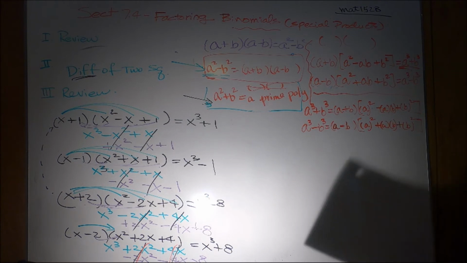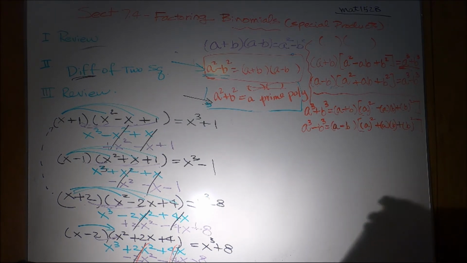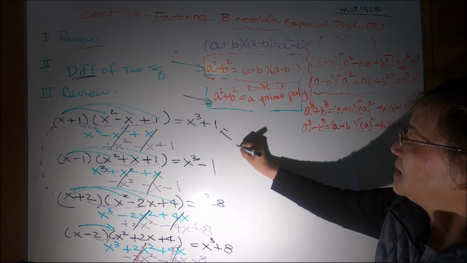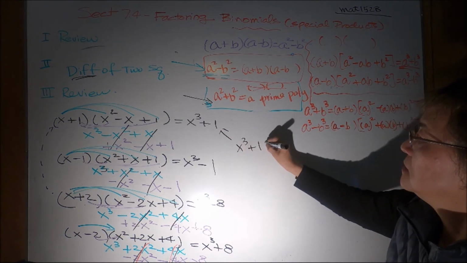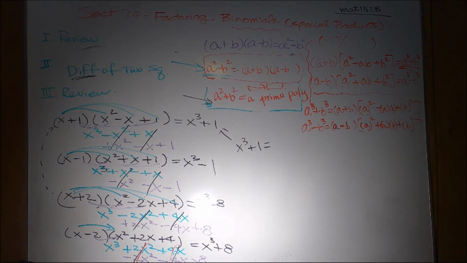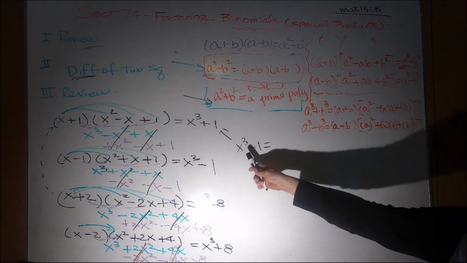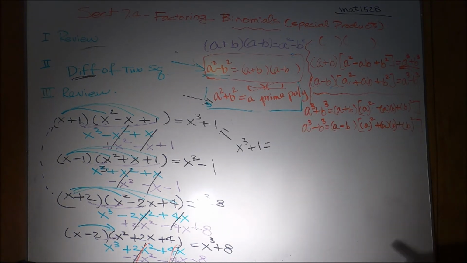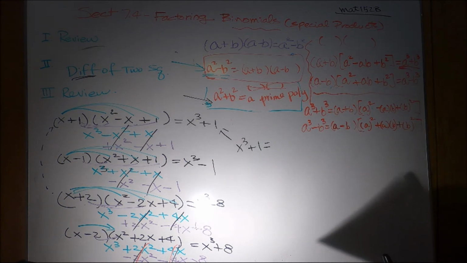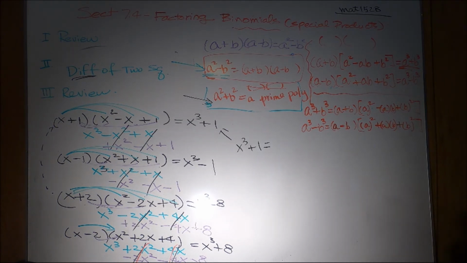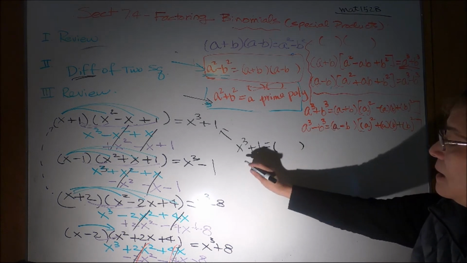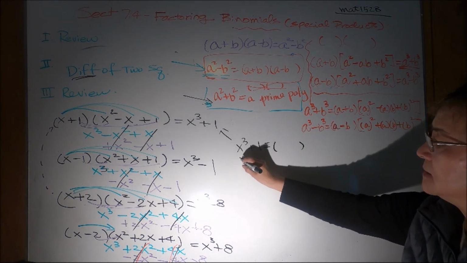Okay, so we are doing the opposite. So for this one, say x cubed plus 1. Do I have perfect cubes for these two terms? That means what? The sum of two cubes, right? So A and B means x and 1.